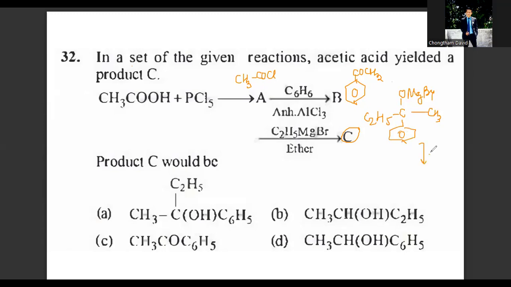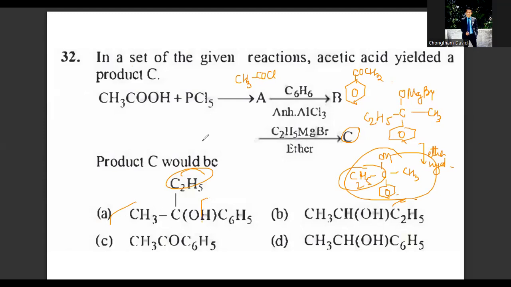After reorganization and followed by ether hydrolysis, this will now change to C2H5, hydroxy, CH3 and a benzene ring. So this is C. What is the formula of this C? Compare with this formula. The answer will be A. Okay, you have C2H5 here. OH group is also present here. See, it is hiding inside. Okay, OH. Expand it, you will get the answer.